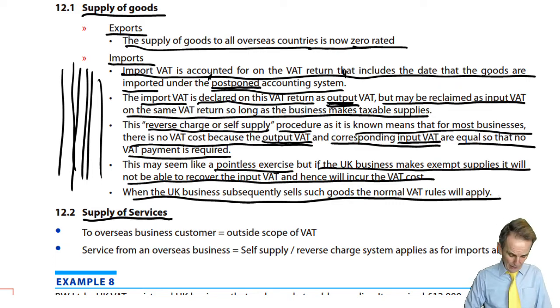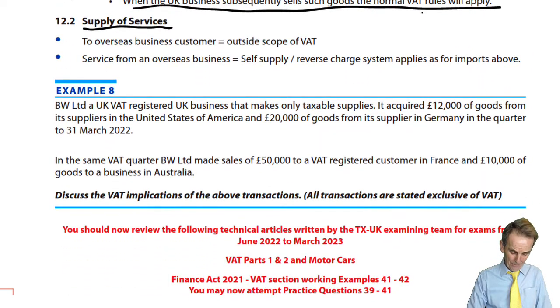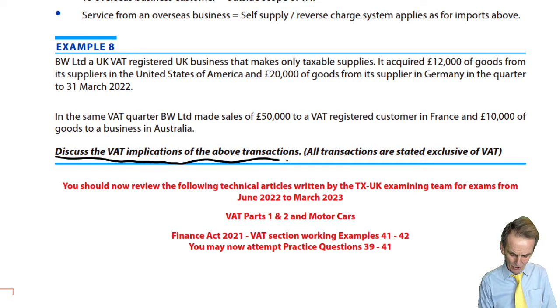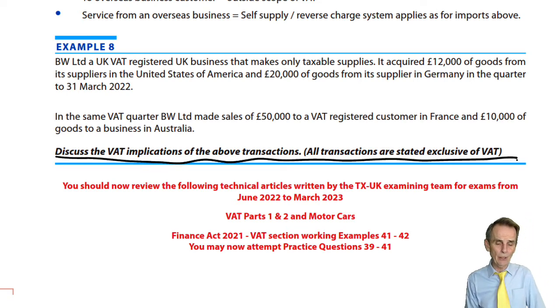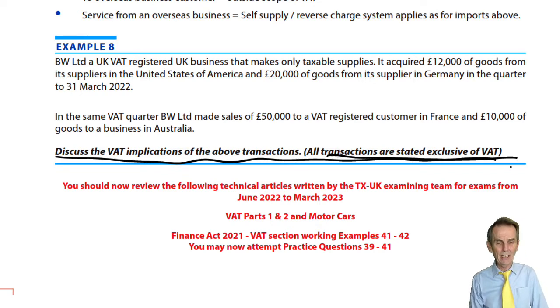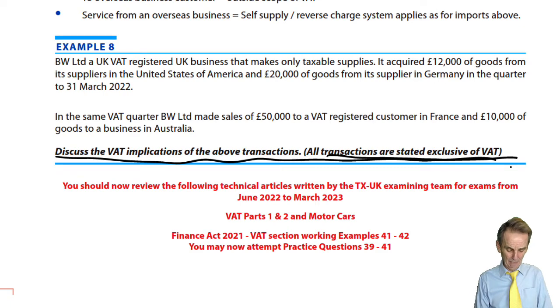So in relation to that, we have example 8. And here in example 8, we're asking you to discuss the VAT implications of the above transactions. And again, as always, read the question carefully. All transactions, the numbers you see, are stated exclusive of VAT.